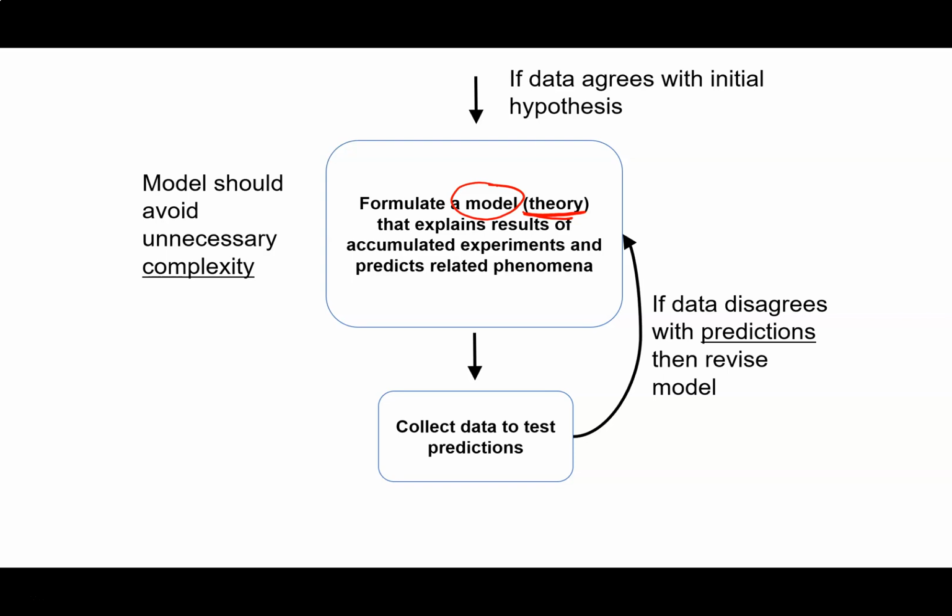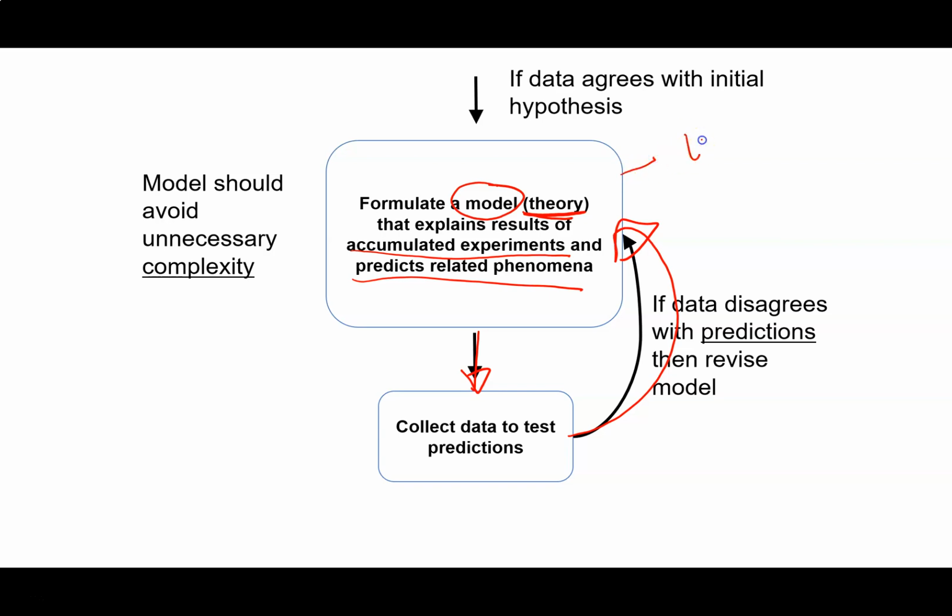Now, good theories explain the results of lots of experiments and are also able to predict related phenomena. So they can predict well the results of experiments that we are yet to conduct. Of course, we never stop testing our theories or our models. We always keep trying to break them, because that's how we improve them. We keep seeing whether the predictions of these theories are indeed correct. And if they're not, then we'll go back and revise our theory.